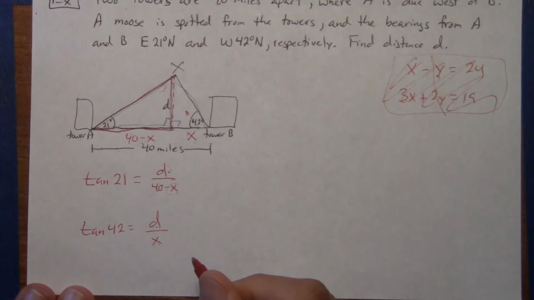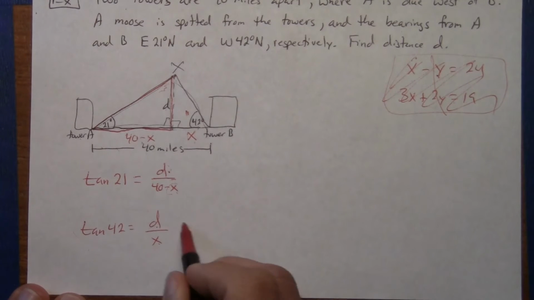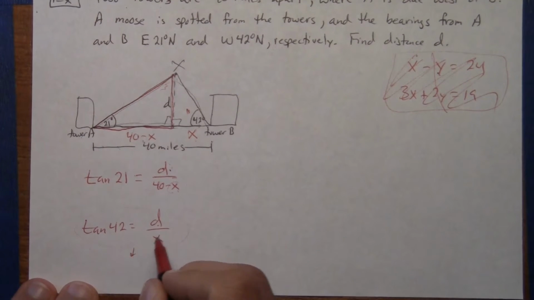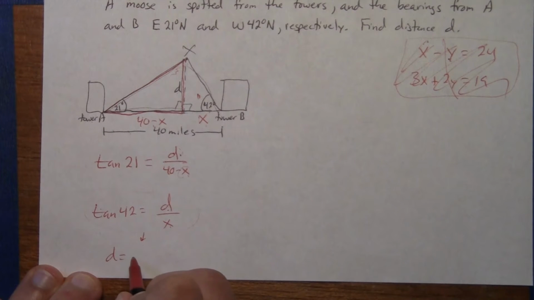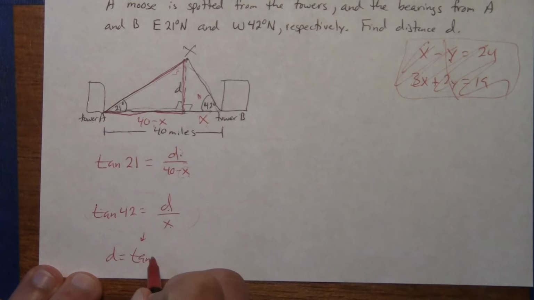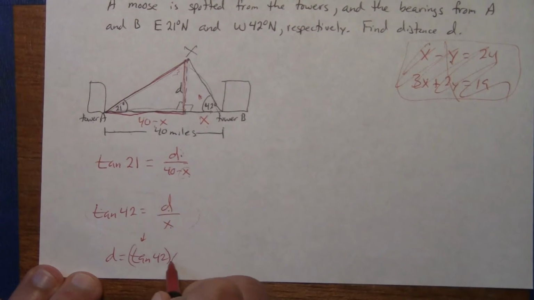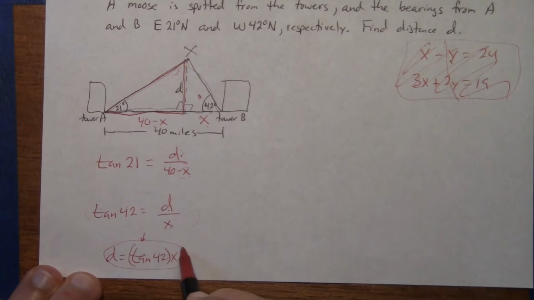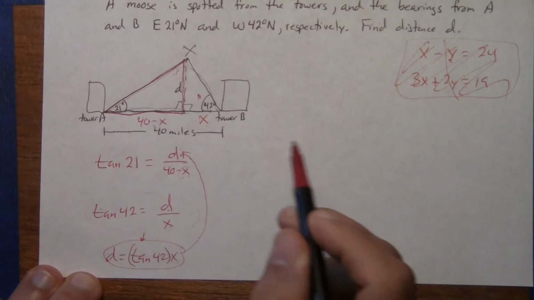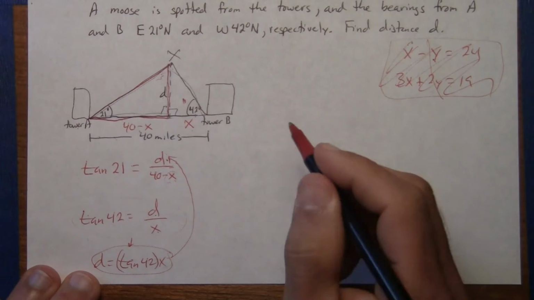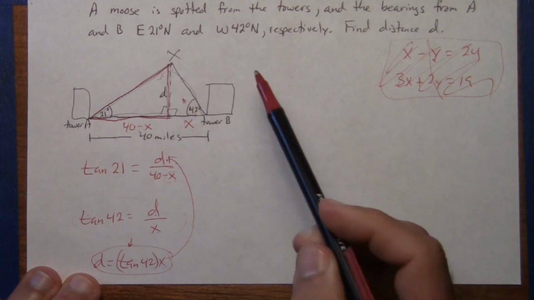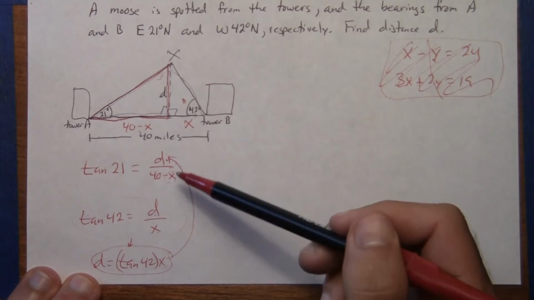Doesn't matter. So let's say I pick this one and solve it for d, since it's pretty easy. Cross multiply, I'm going to say that d is equal to the tangent of 42 times x. And now I can take that and substitute it into this equation, and of course that'll get rid of all the d's. So again, if you need to, rewind that and run through that again.